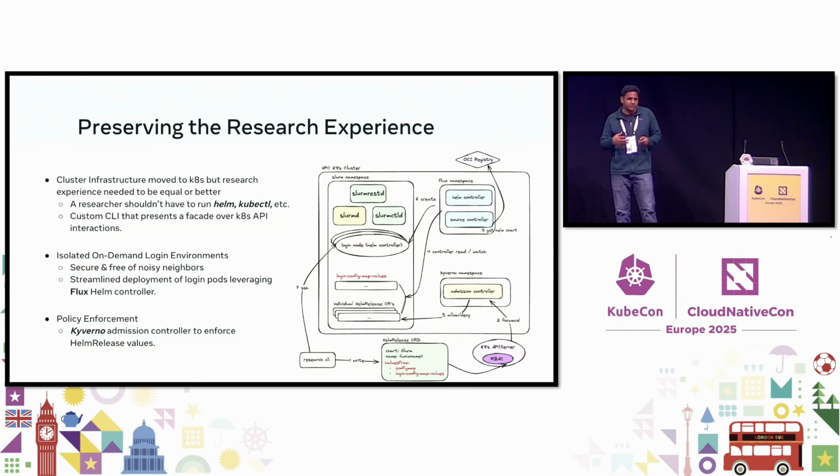And also, it won't allow me to create a login pod with some other user's name, things like that. If it validates the policy, it will reject that object, and it will not let you log in to the environment.